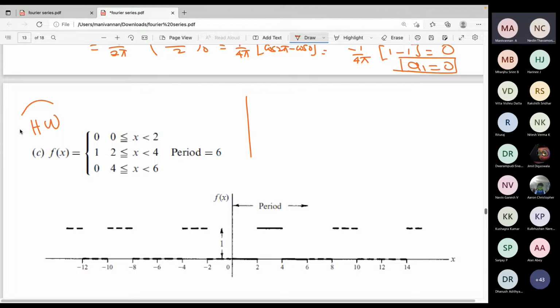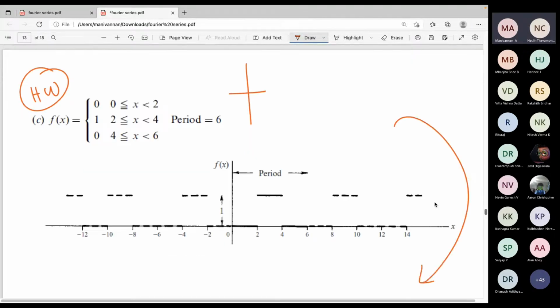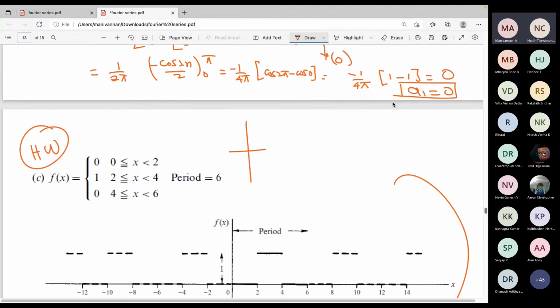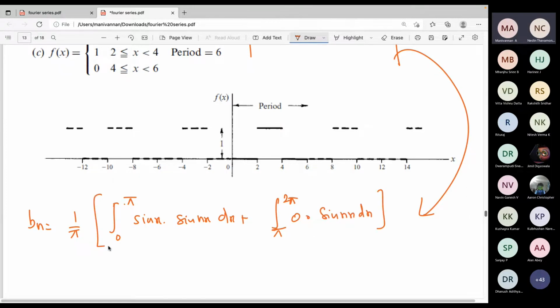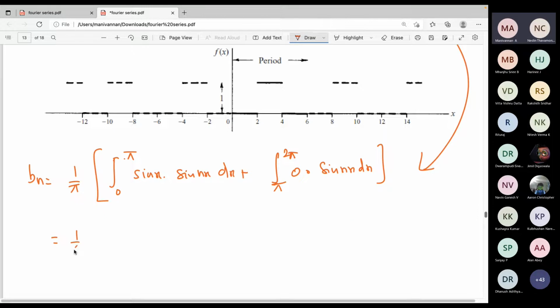So here this b1. We have bn is 1 divided by pi, integral from 0 to pi of f of x, which is sine x into sine nx dx, plus from pi to 2 pi, 0 into sine nx dx. So what about sine a sine b?